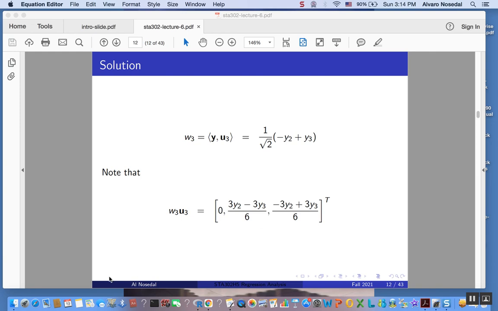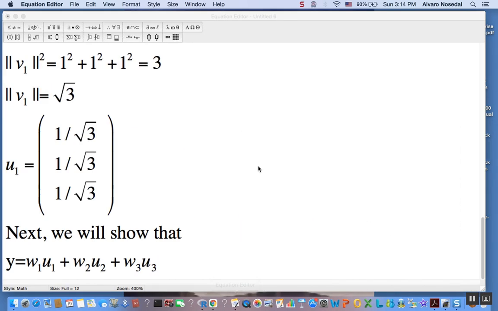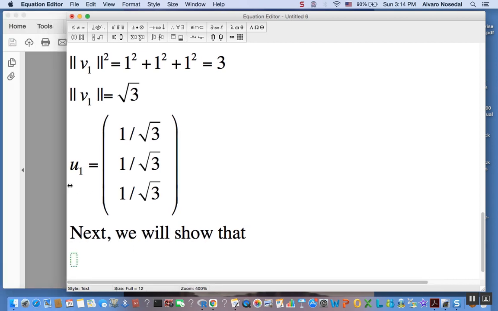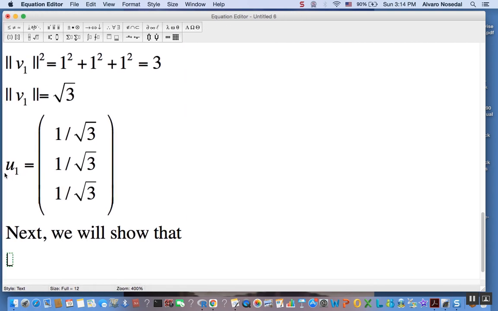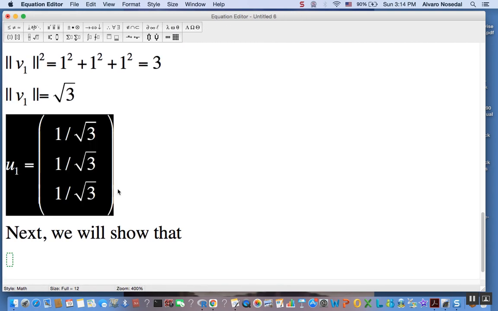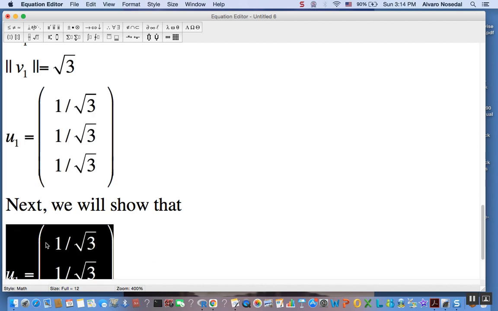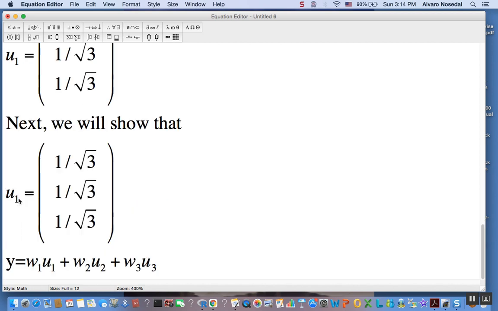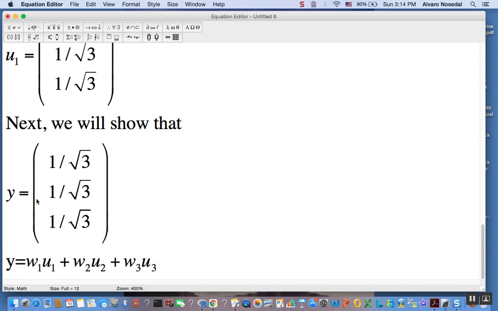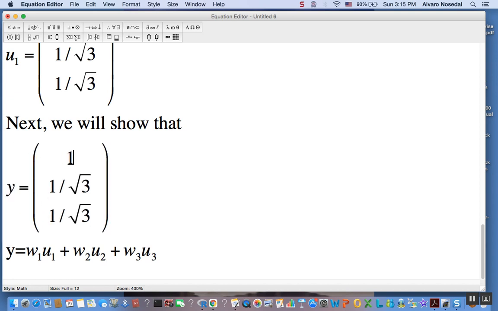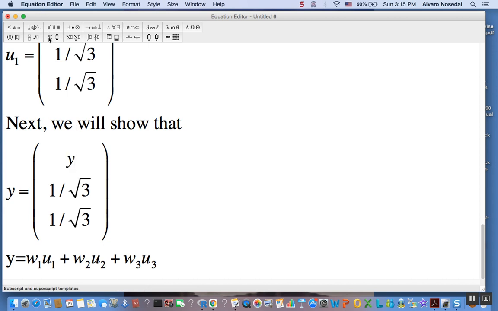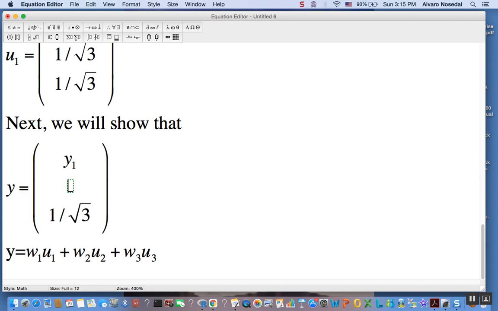Now remember that what we said is that we would like to show that a generic vector y, and again let me just remind you that what we are thinking of here is that y has generic coordinates y1, y2, y3. So a generic vector y that lives in R3, the space looks like this, right?